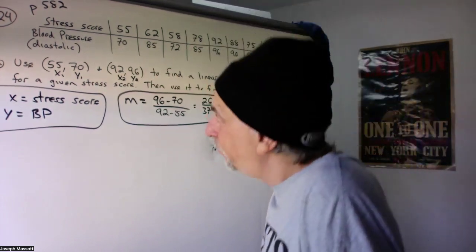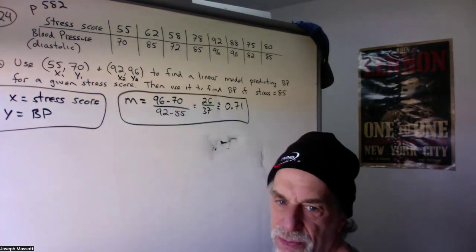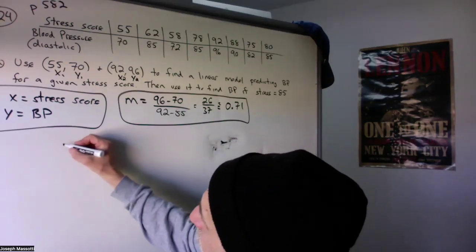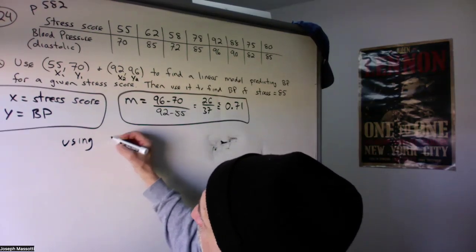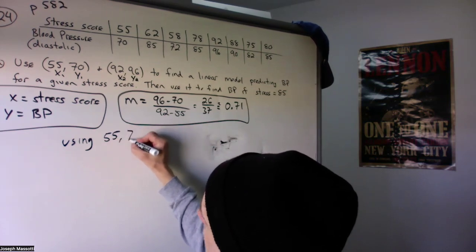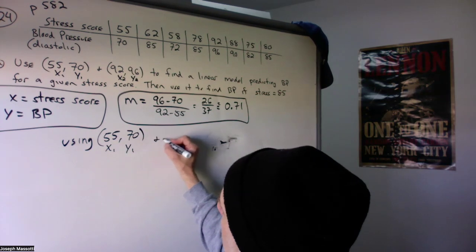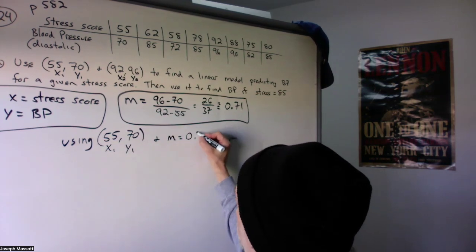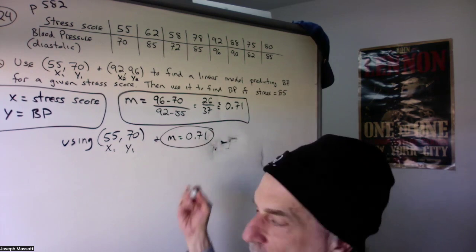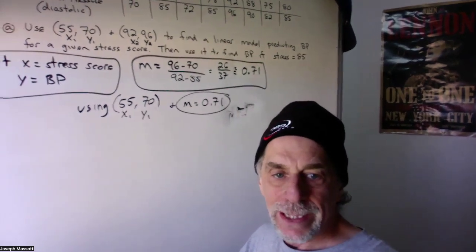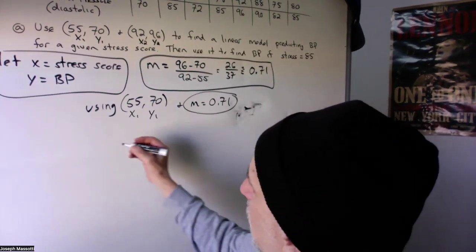So let's use the one with the smaller numbers, just hopefully it'll make it a little bit easier. So I'm going to use (55, 70) as my point and the slope of 0.71 in my point slope formula.